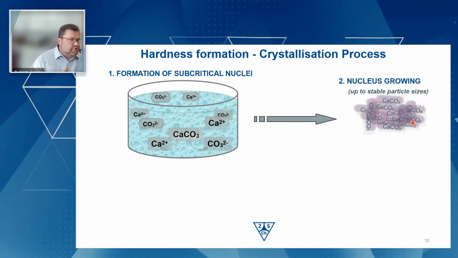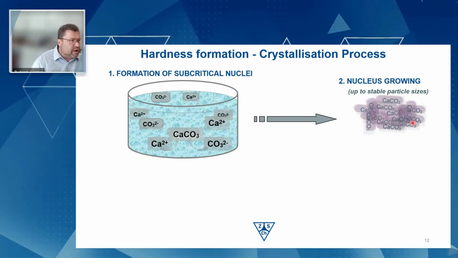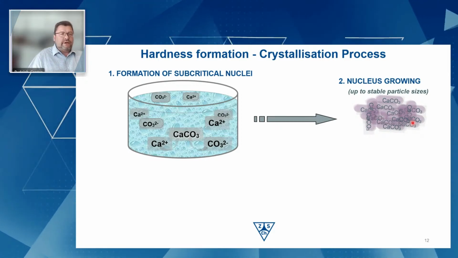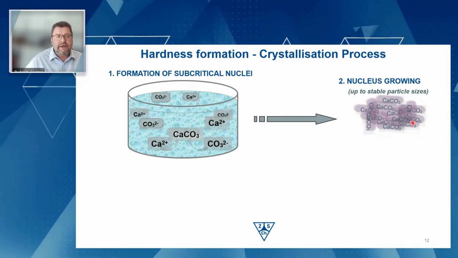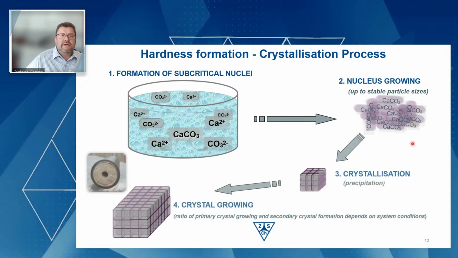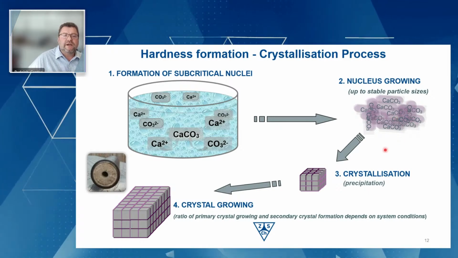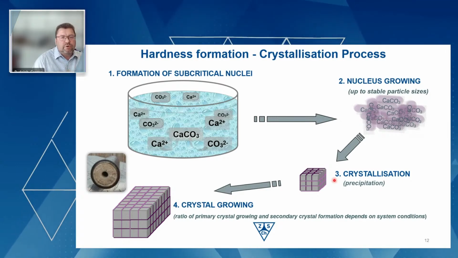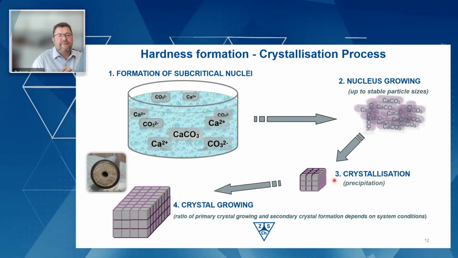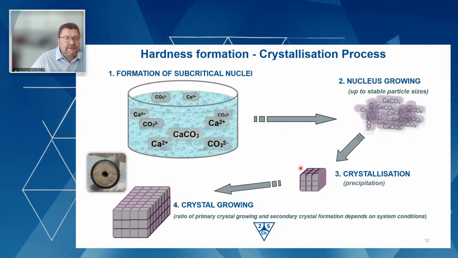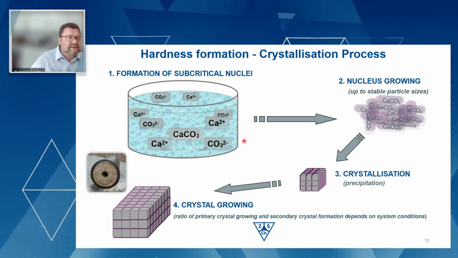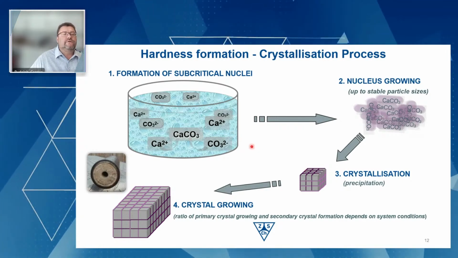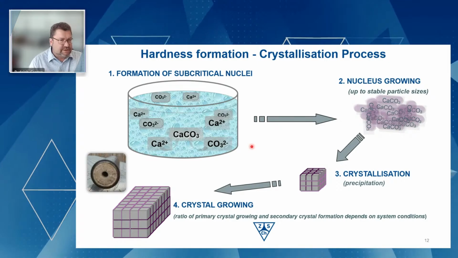If we meet in a room with 2 people only, they can move around as they like. If we add 100 more people, they need to orient in order to get all into this room. And the same is with these particles. They will reorientate to a crystal, and this is the first point where a real crystal exists. The properties of these crystals are completely different from the property of the aqueous system, and for this reason we have a driving force to precipitate.